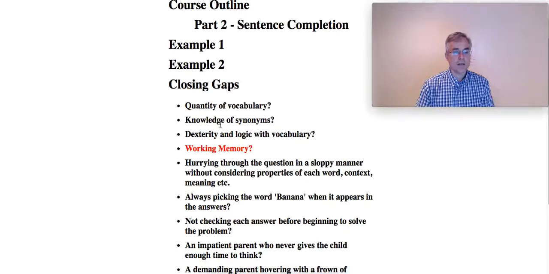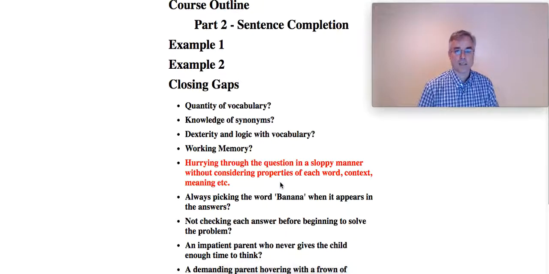And then, of course, if you've got problems in one or more of these areas, they sort of work together against your child. So these are specific to the vocabulary questions. Specific to taking a test, does your child hurry through the question in a sloppy manner without considering the properties of each word, the context, the alternative meanings, even though you've told your child 100 times, take your time and read the answer at least twice?